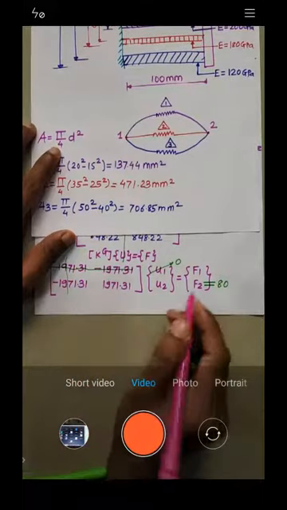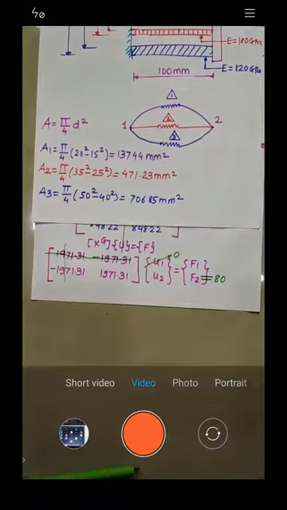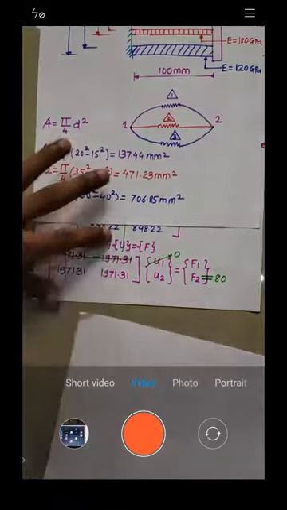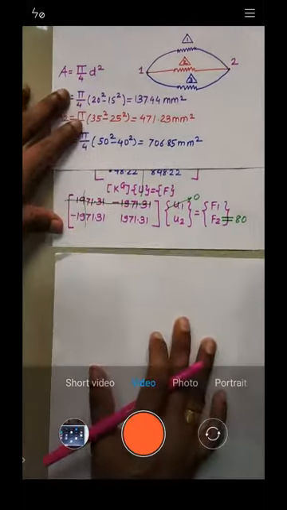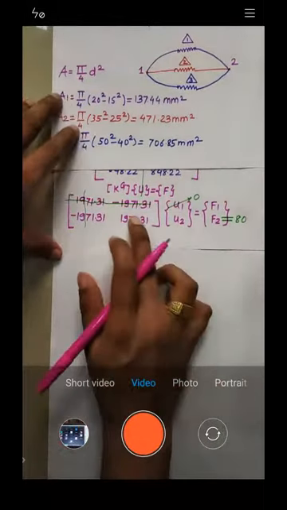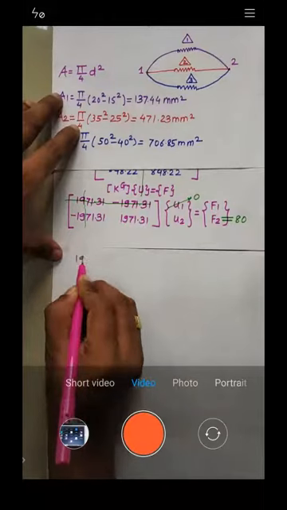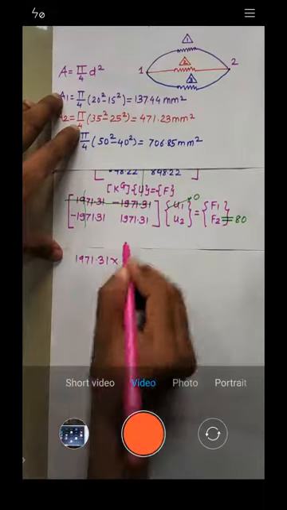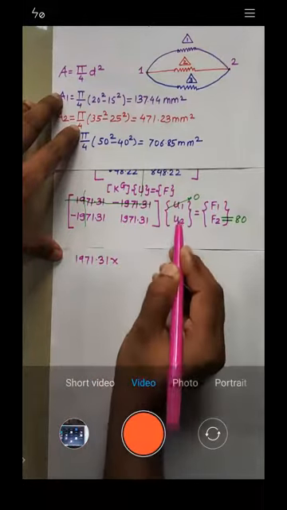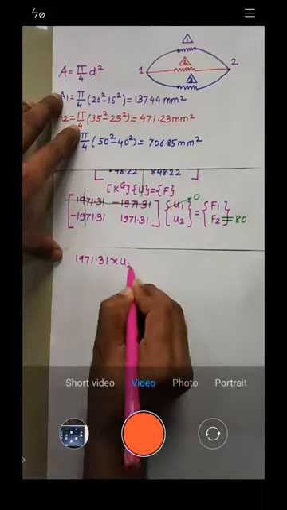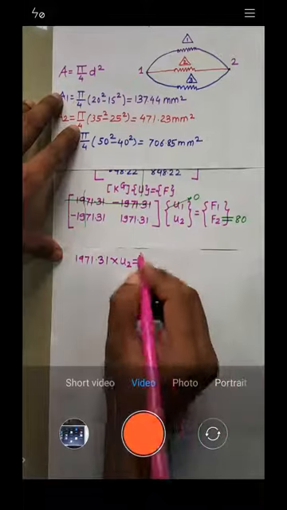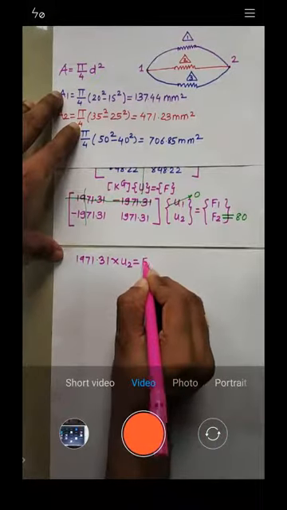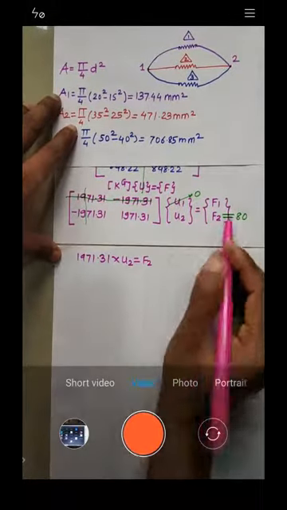I will just go to the next page. So see here, you can see this equation. It is 1971.31 into U2 is equal to F2, and that is equal to 80, right? F2 is equal to 80.